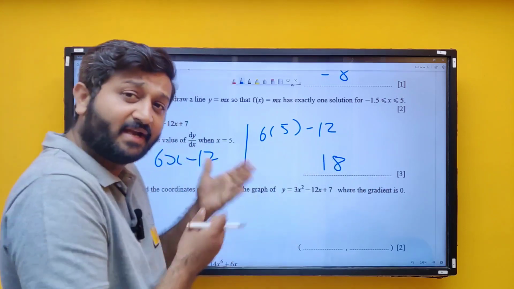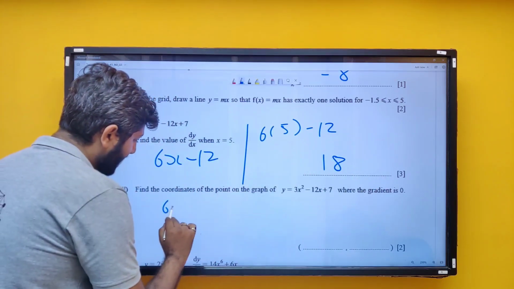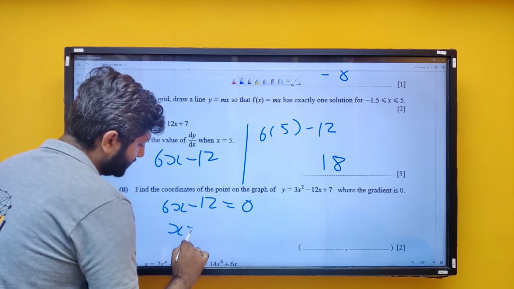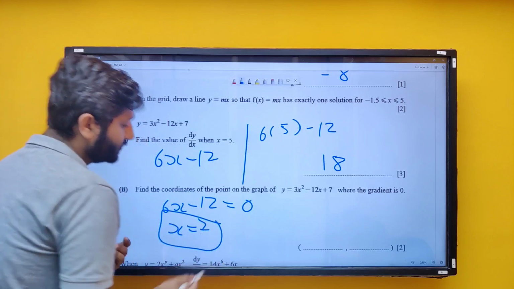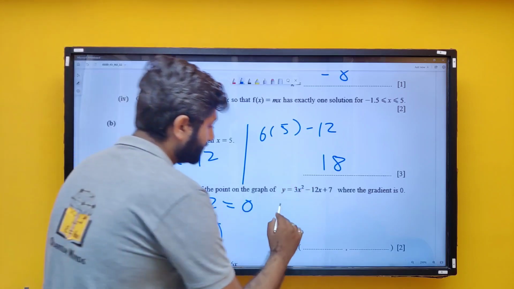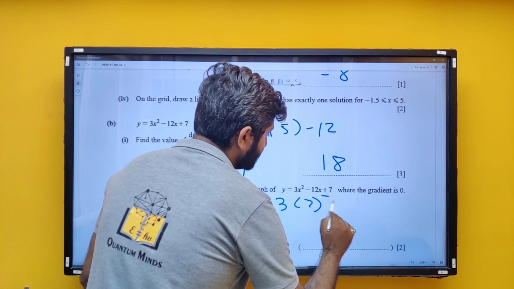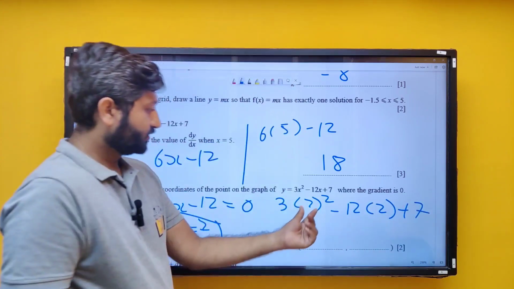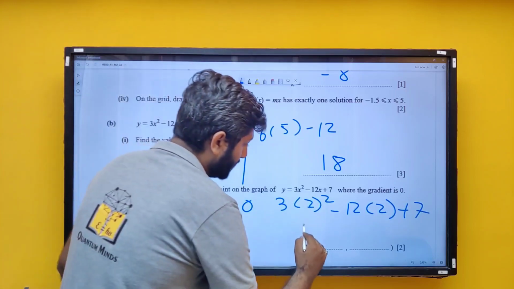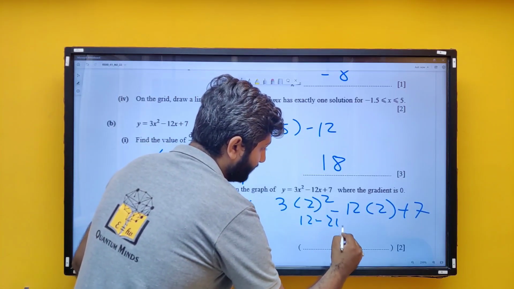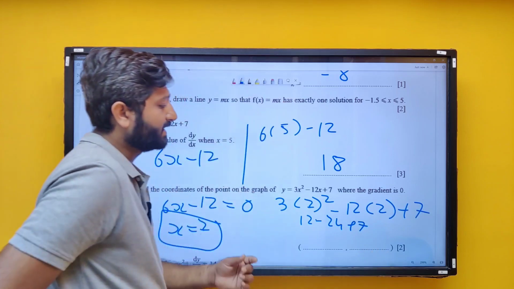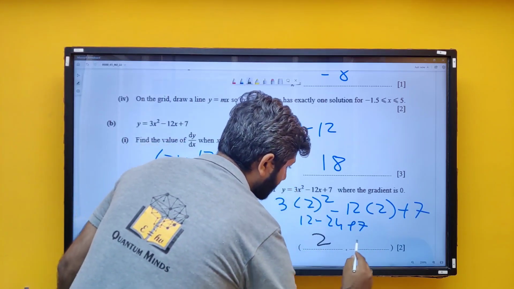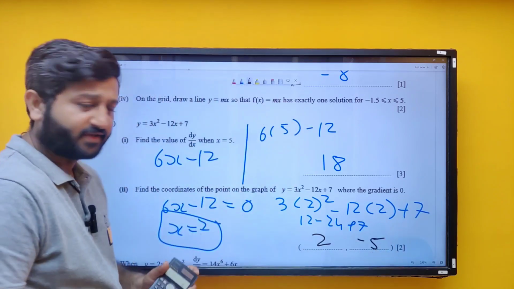Gradient is 0 means dy by dx is 0, so 6x minus 12 equals 0. So x is 2. Let me substitute the value of x in the main equation: 3 into 2 square minus 12 into 2 plus 7. 2 square is 4, 4 3s are 12, minus 24 plus 7. Minus 12 plus 7 is minus 5. Yes, so the coordinates are 2 comma minus 5.